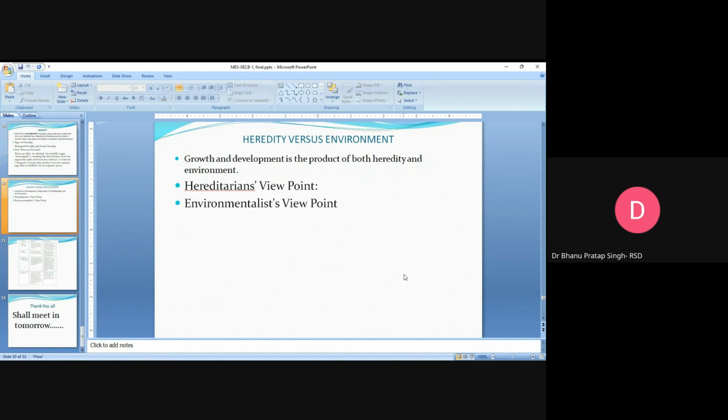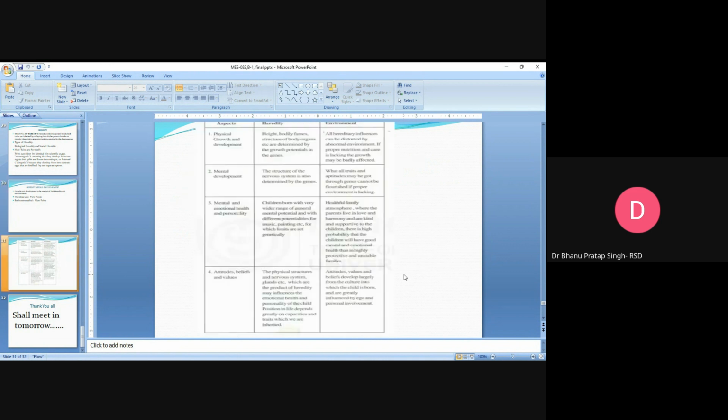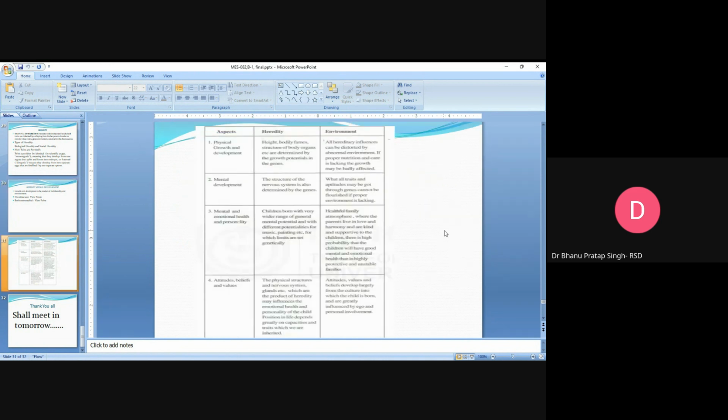But at present, scientists and theories have proved that for human development, for child development, heredity as well as environment, both are important for the growth and development of the child. So this is the basic common important impact.